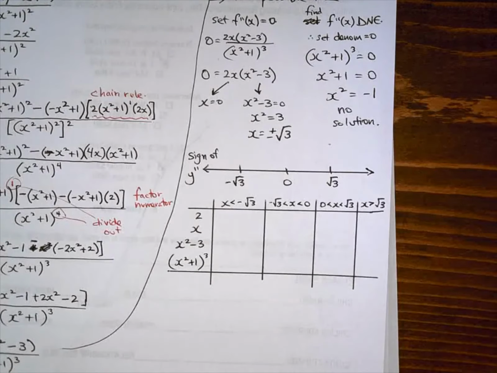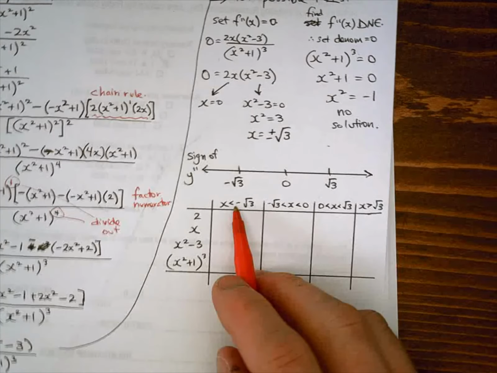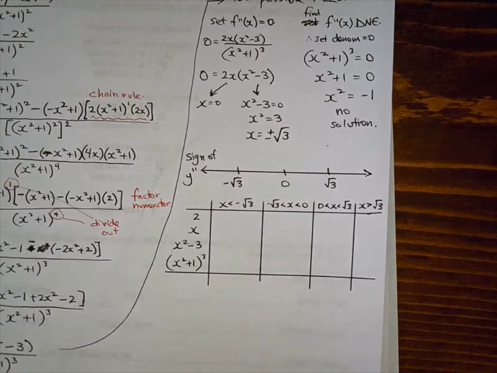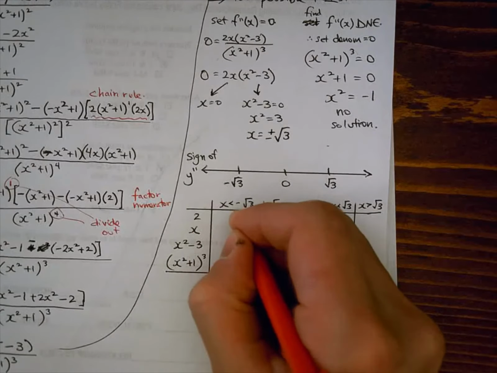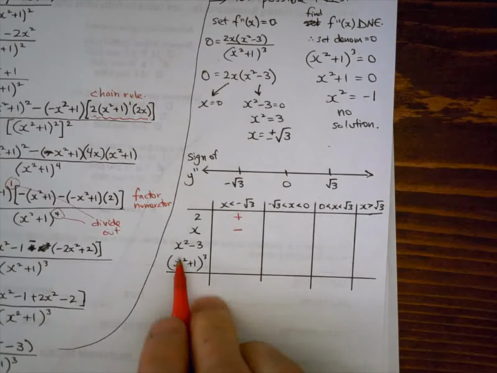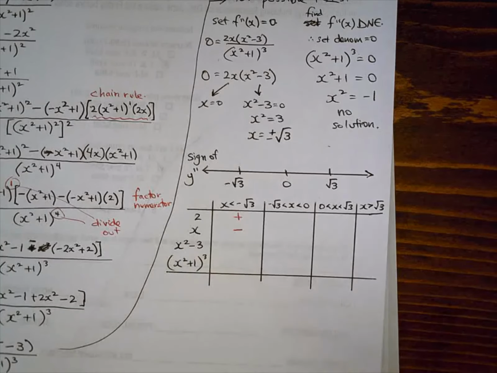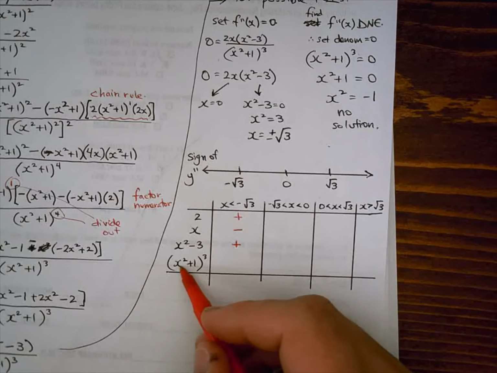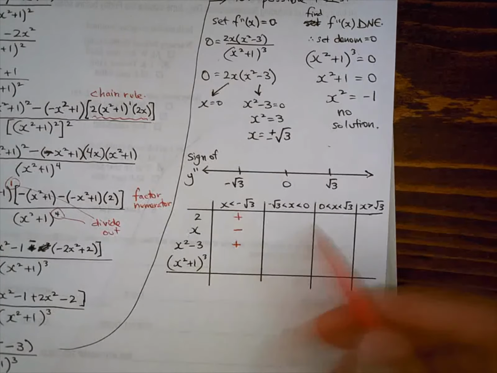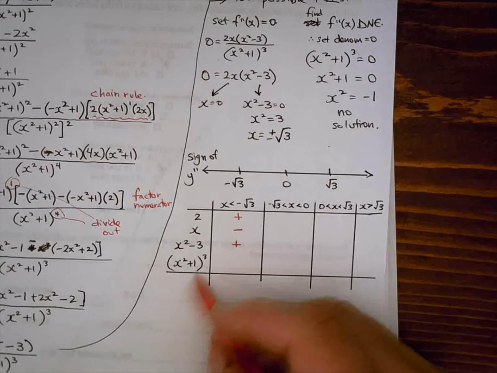So really, to be safe, choose a number that's really, really negative. Negative 10, right? Who cares? If I choose negative 10, 2x is negative. Negative 10 squared is 100, minus 3, still positive. And negative 10 squared is 100, plus 1 is 101, cubed, it's positive.